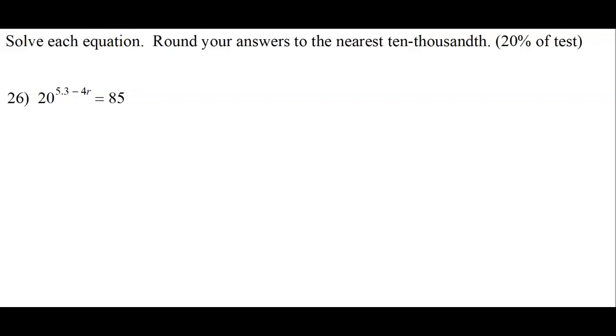Number 26. Once we have our exponential piece all by itself, which we do in this case, we want to get rid of the 20, and we do that by, once again, logging both sides with that base.